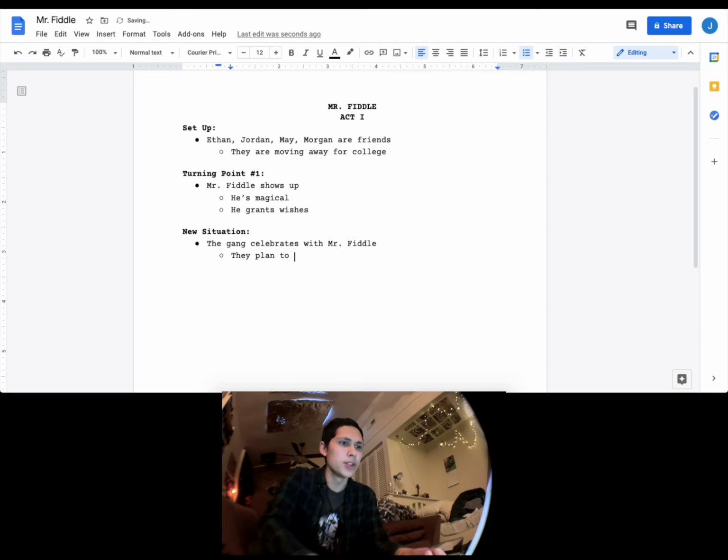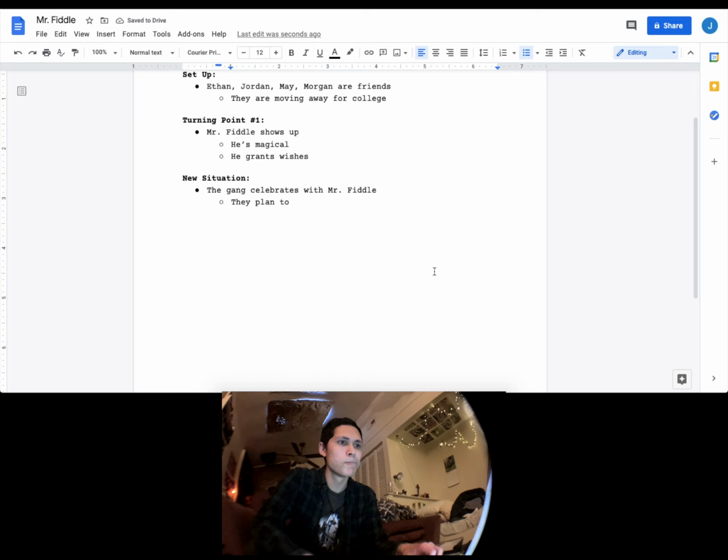They plan to, see, it's so campy and so ridiculous, but again, this is really goofy. This is like Blazing Saddles or a cartoon or something. So they plan to use Mr. Fiddle's magic to keep the gang together.